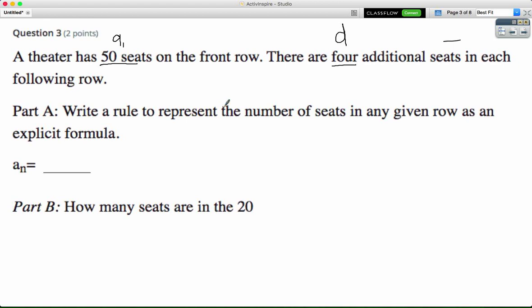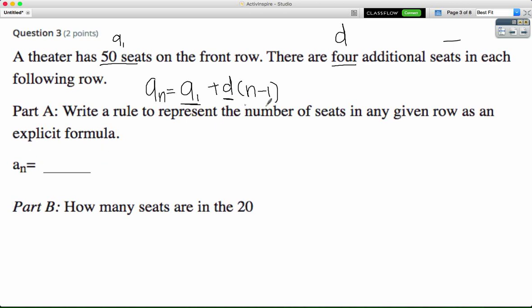And if we want to write the explicit formula, we know that a sub n equals the first term, a sub 1, plus d, the common difference, times n minus 1.